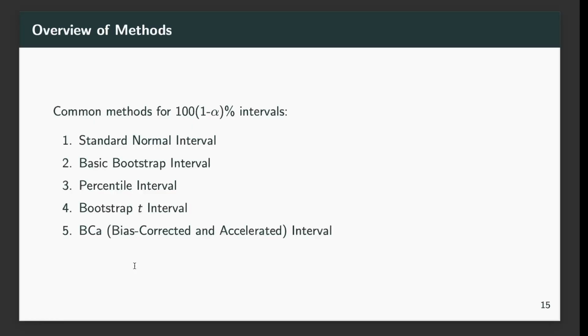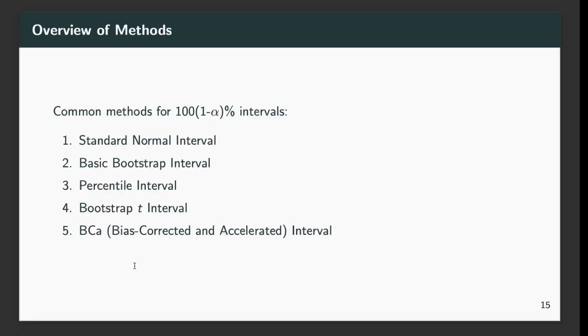Number 4 is the Bootstrap T interval. This uses the classical T interval, but with the Bootstrap estimated standard error. This one requires a nested Bootstrap, which we will talk about later. The last one is the BCa, or bias corrected and accelerated. This is the most sophisticated method, and it is considered the gold standard.